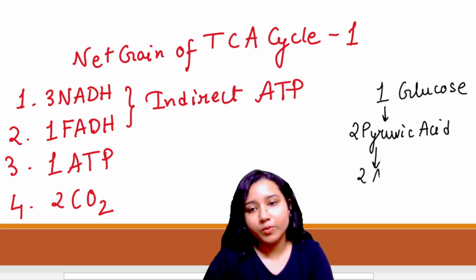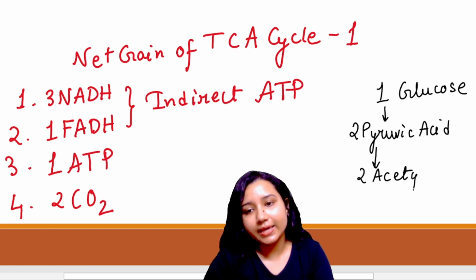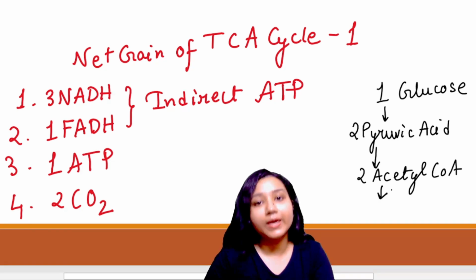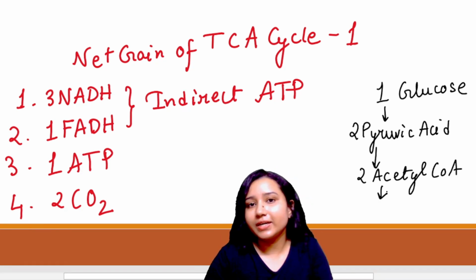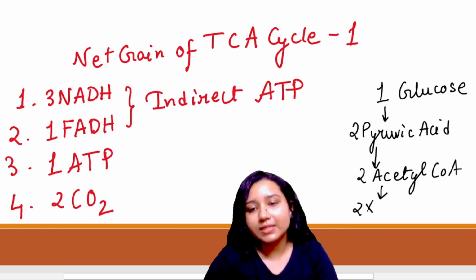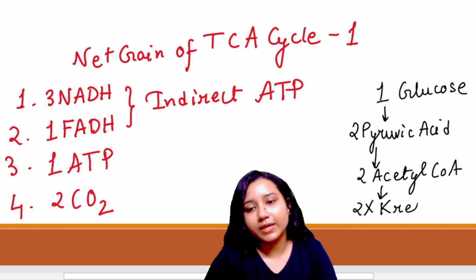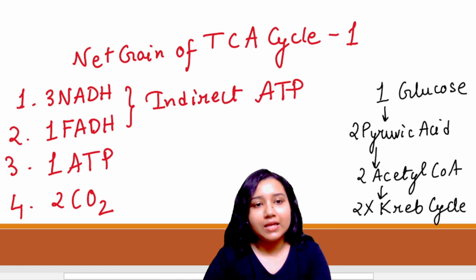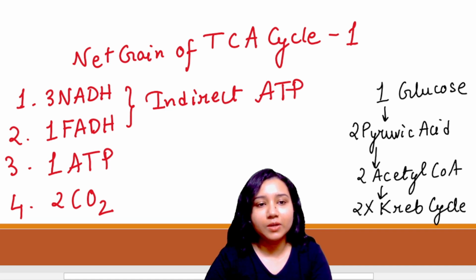It is going to form 2 acetyl CoA. If it forms 2 acetyl CoA, then the products of the Krebs cycle are also going to be twice, right? That is why the Krebs cycle, or the TCA cycle, takes place twice with one glucose molecule. Okay. I hope all of you have understood up till this.